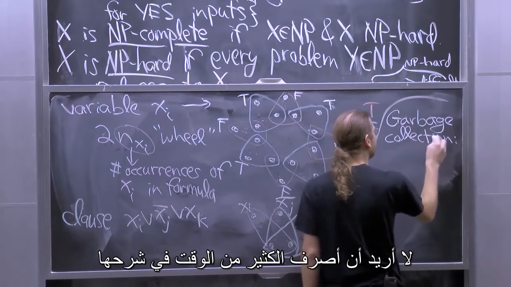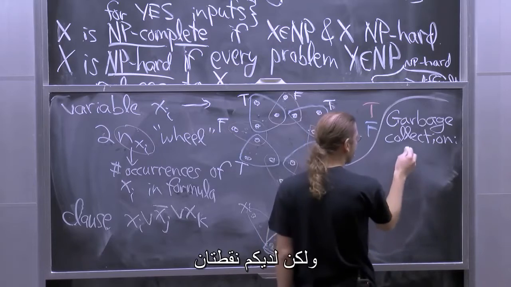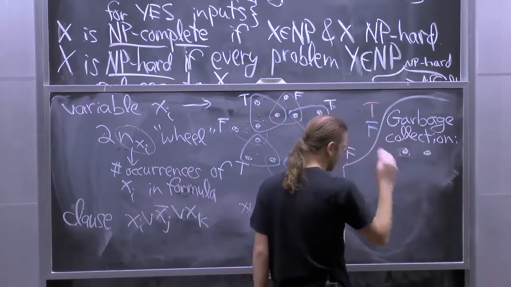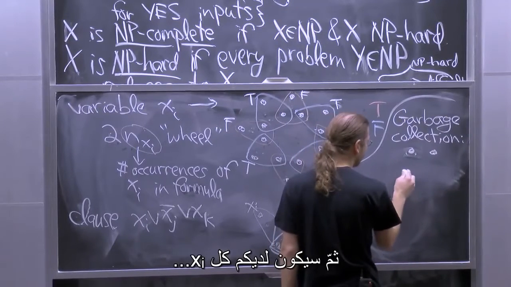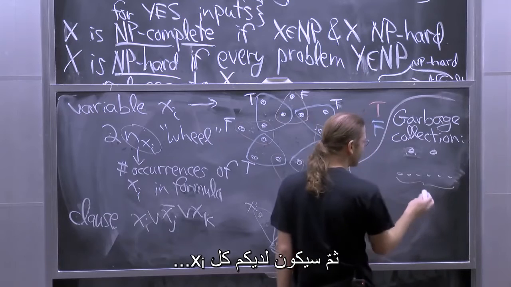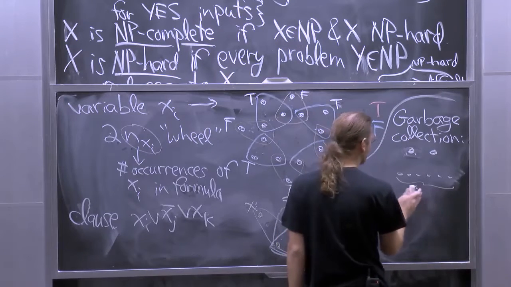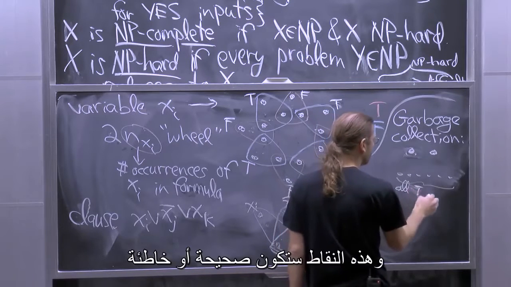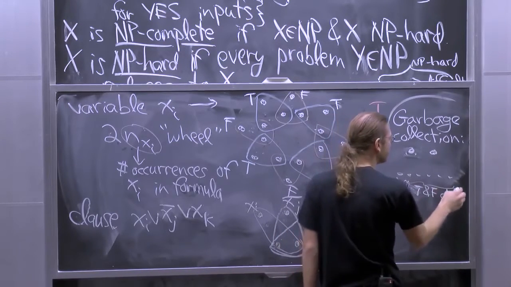I don't want to spend too much time on it. But you have 2 dots, and then you have every single xi, these dots, all true and false dots.